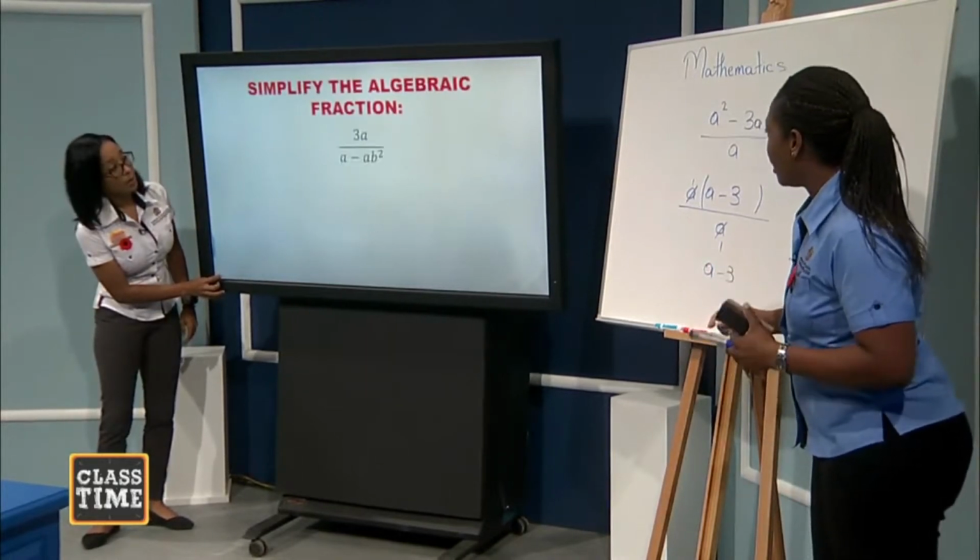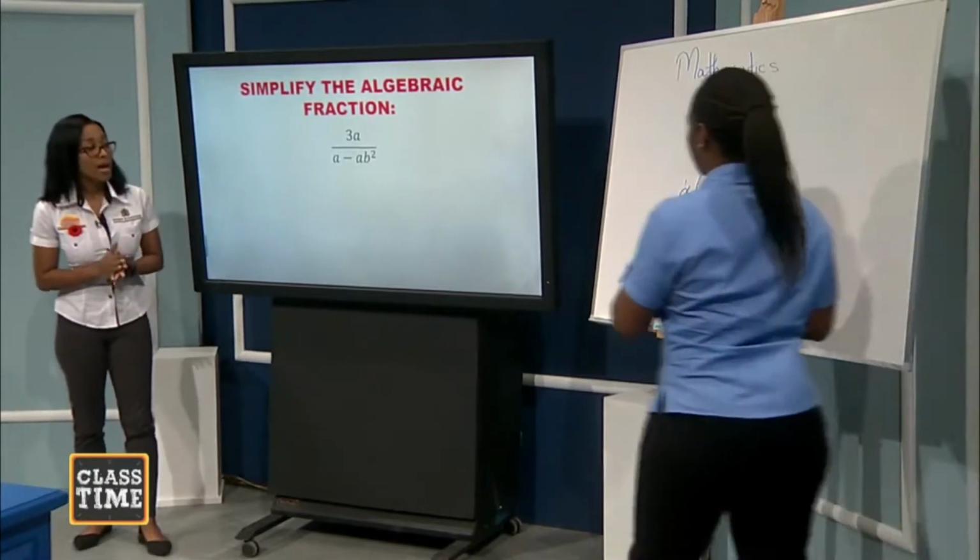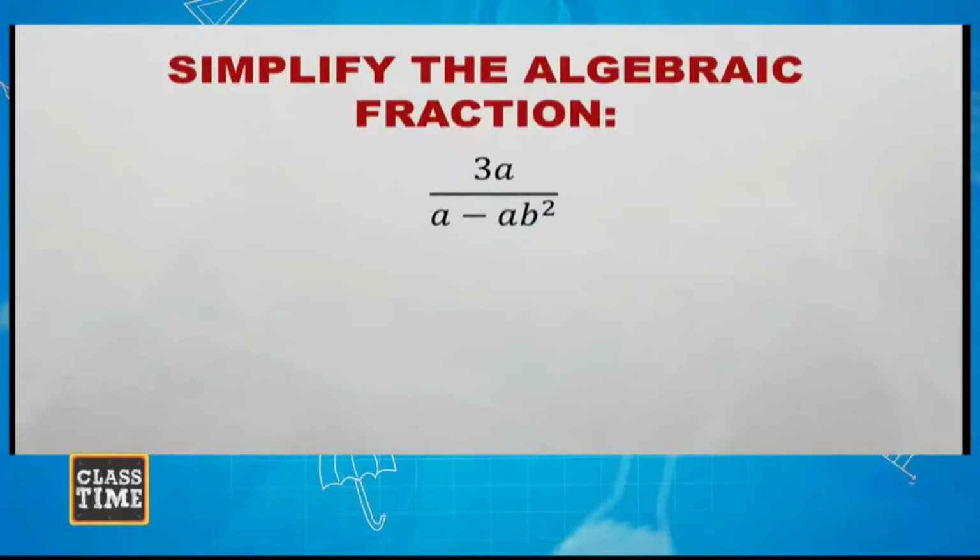All right, good job. Let's try another one. So we have 3a all divided by a minus ab squared. Since Tamika was such a bright spark on the first one, we're going to see if she's able to do this one. Let's see if we can help Tamika and walk through.